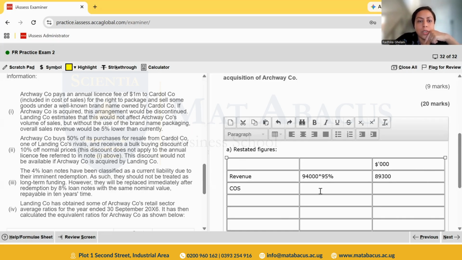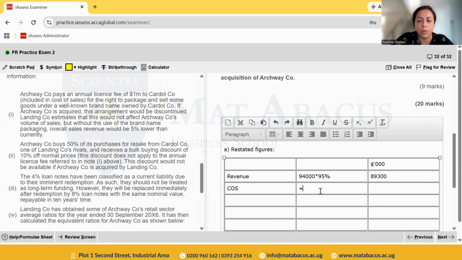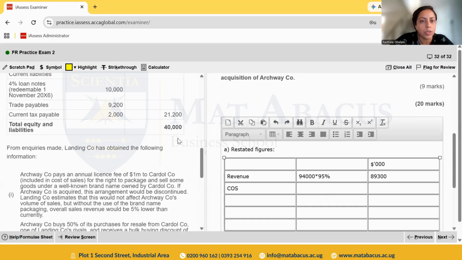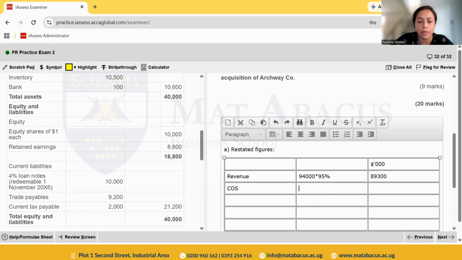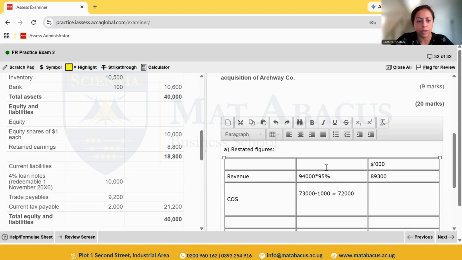Let's see. First of all, how much is the cost of sales? 73,000. From this, let's first subtract the licensing fee, which gives us 72. Now half of this, 72,000 divided by 2 gives us what?